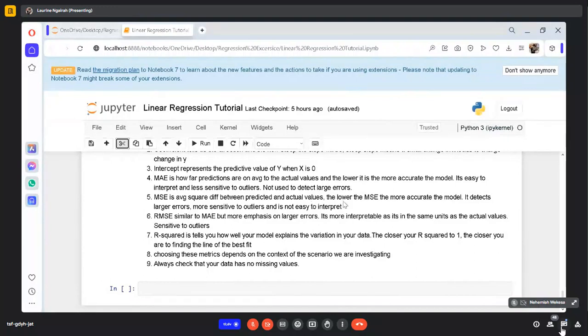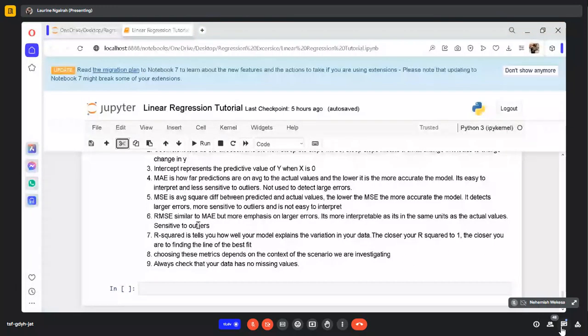And the lower the MSE, the more accurate the model. This one detects large errors, but it is very sensitive to outliers, and it is not easy to interpret as we are squaring. So if we square and compare it to the actual values which are not squared, it might not be easy to interpret.